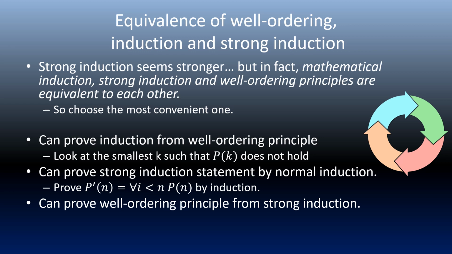We also can prove a strong induction statement by the usual induction, and for that we just make our predicate "for all i less than n, P of i", and then we prove that new predicate by induction. And we could prove the well-ordering principle from strong induction, or actually even from normal induction, by showing by induction that 0 cannot be a smallest element, 1 cannot be a smallest element, and so on and so forth.